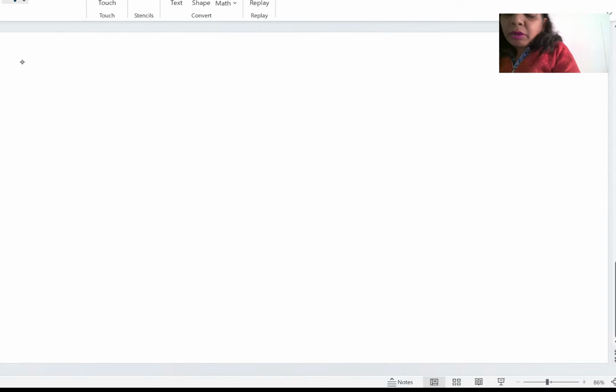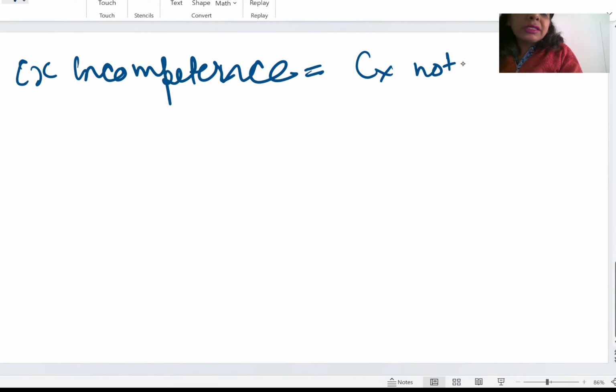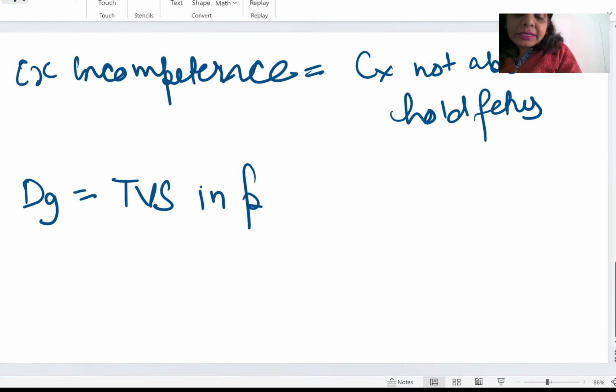Cervical incompetence means that the cervix is not able to hold the fetus, and it gets loose and the fetus comes out. Its diagnosis is by TVS in pregnancy.